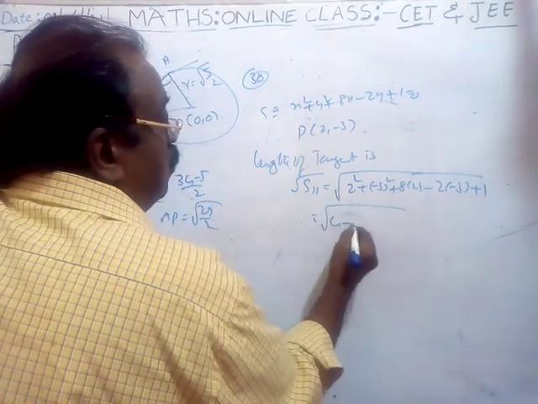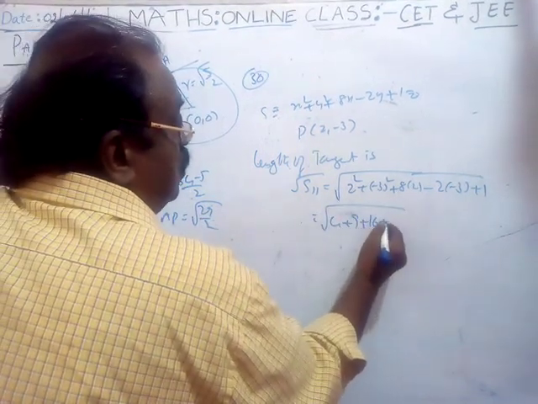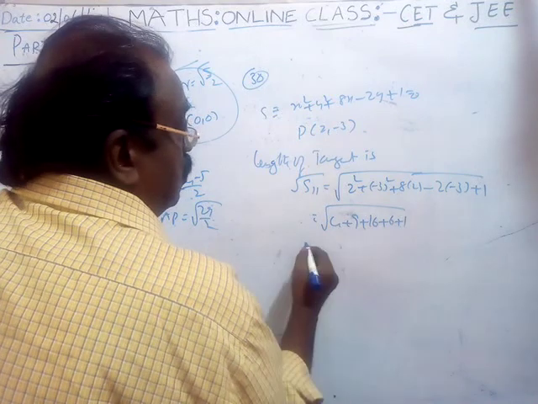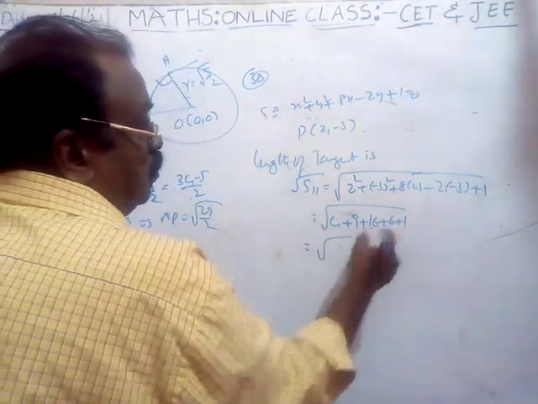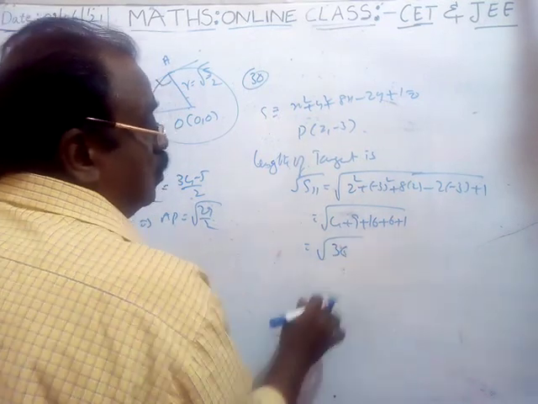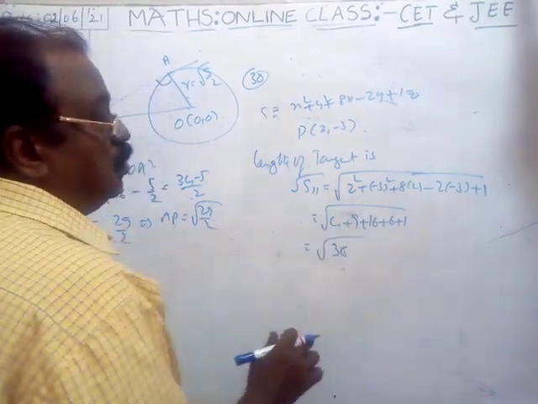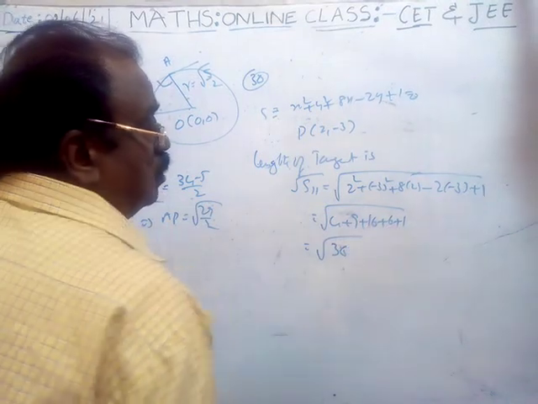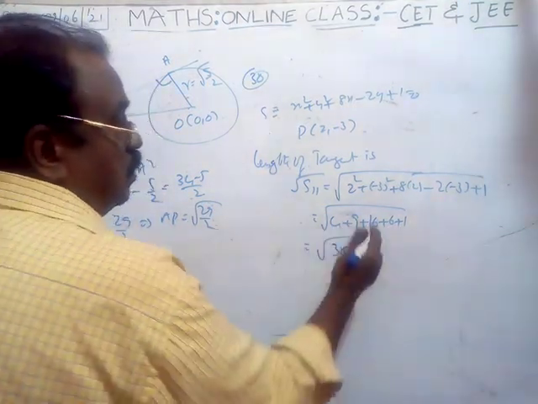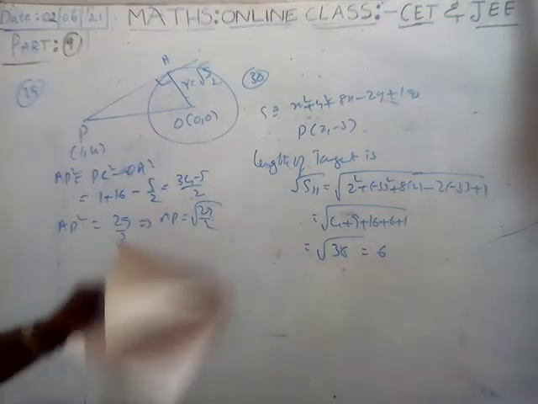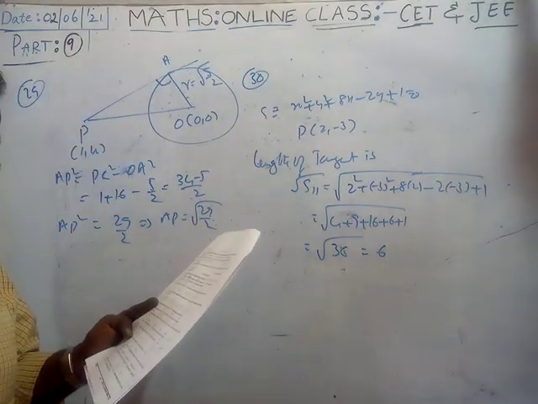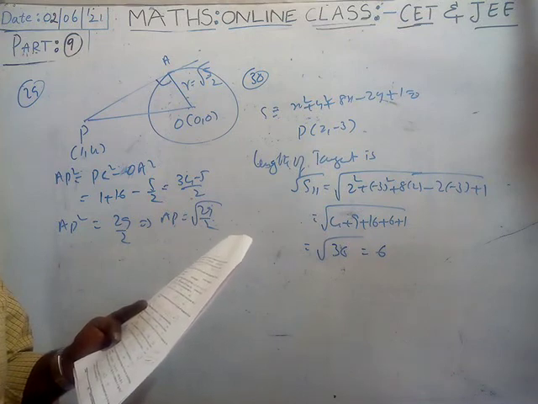It is root of 4 + 9 + 16 + 6 + 1. 16 plus 4 is 20, 9 plus 1 is 10, 20 plus 10 is 30, plus 6 is 36. So the length of tangent is 6. Like this also you solve it, you may get that answer.